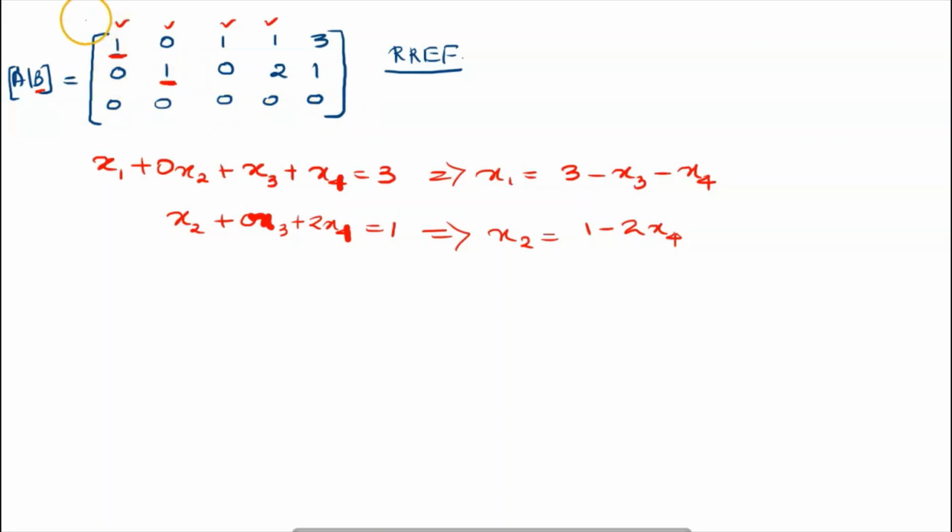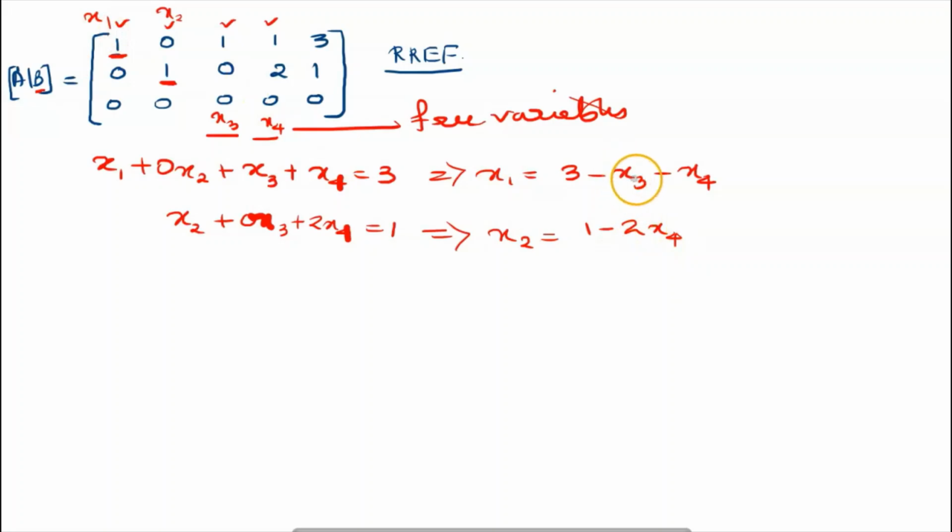So these correspond to x1 and x2, while x3 and x4 are free variables. Free variables means we can choose any values for x3 and x4, and we get the corresponding x1 and x2.